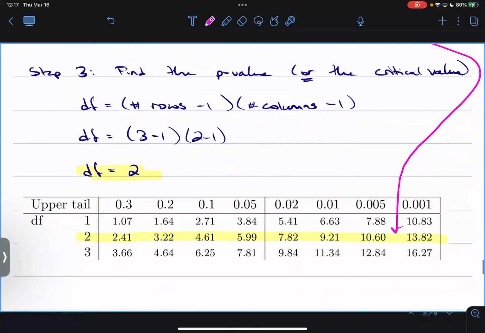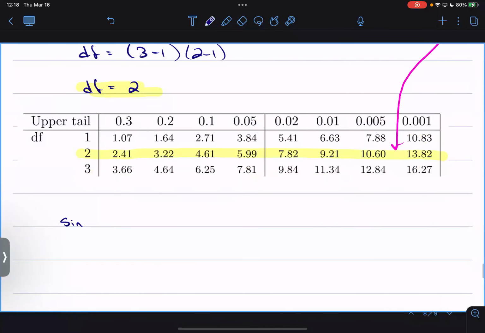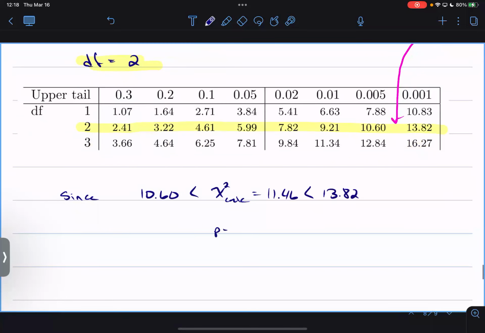Okay. So what we can do is we can say that since the chi-squared calculated of 11.46, 2 decimal places, is between 10.60 and 13.82, the p-value, remembering to read from right to left, is going to be between 0.001 and 0.005, very small.